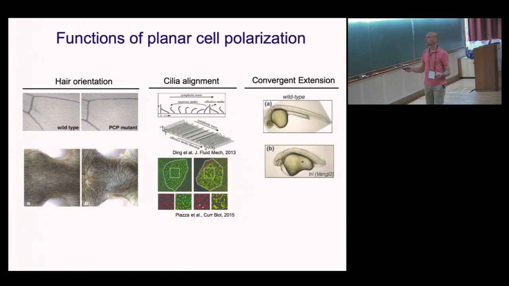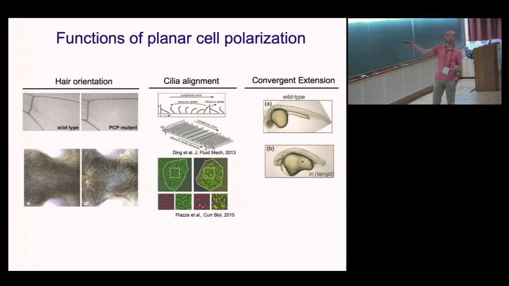And finally, and this is also what you already heard about this week, these planar cell polarity pathways are also very important for coordinating the dynamic flows of cells in such a way as to, for example, mediate intercalation during development.